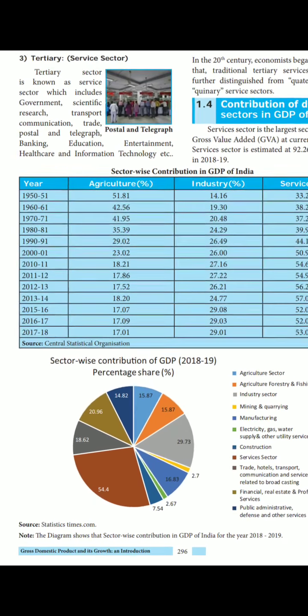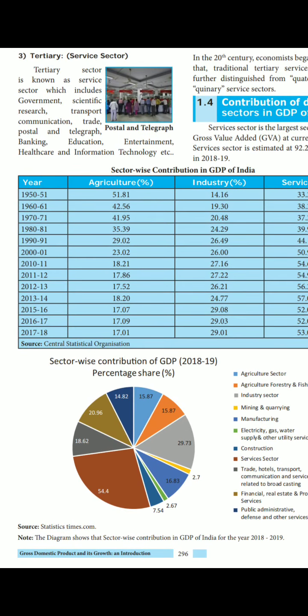Okay, next, the third one is the tertiary sector, or service sector. What do you know about this tertiary sector? It is known as the service sector, which includes government, scientific research, transport, communication, trade, postal and telegraph, banking, education, entertainment, healthcare and information technology.